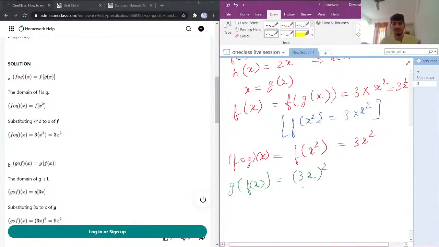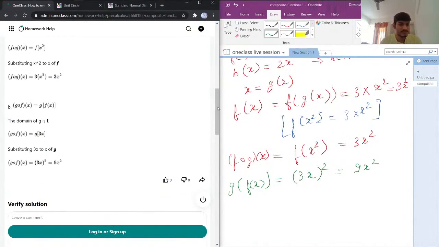So x equals 3x. So in this case, we write g of f of x equals 3x squared, and we can always write this as 9x square. Let's see in the solution. Yeah, the solution is written correctly.